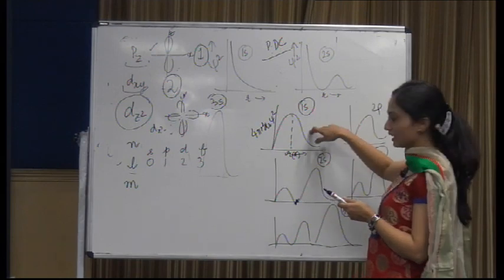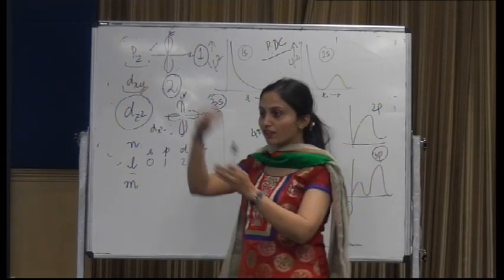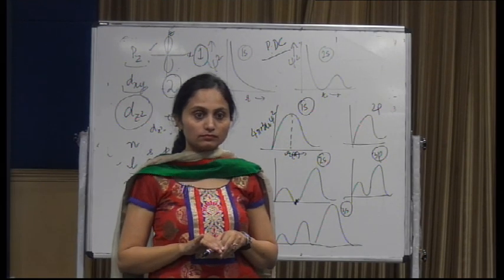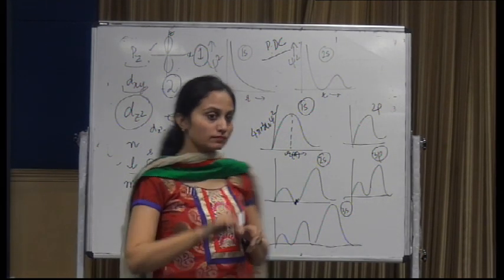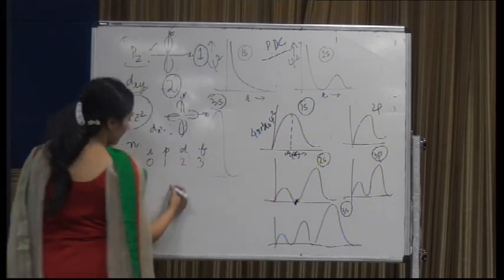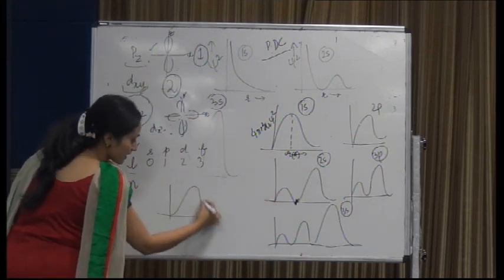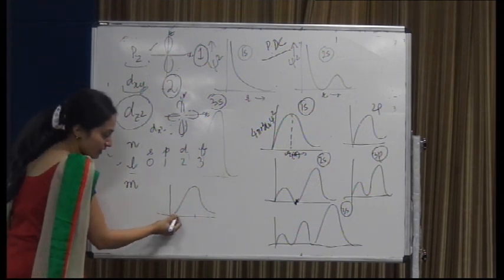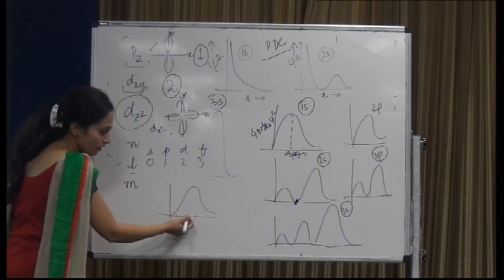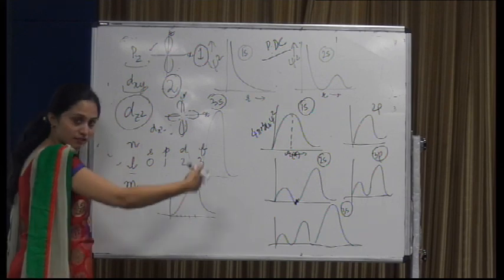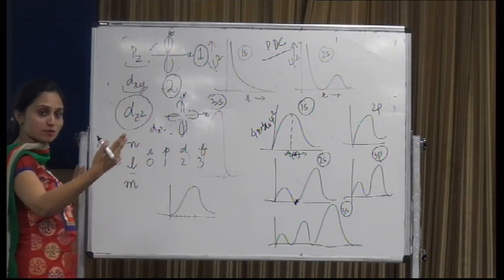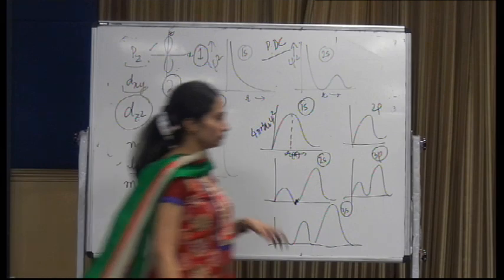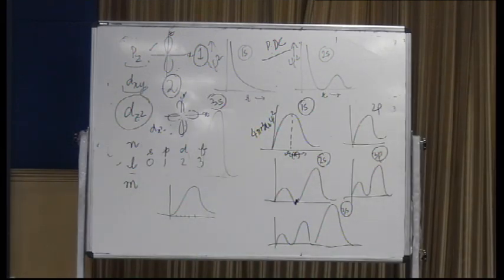So you will have 3D similar to this with different values, but the nature of the graph will be the same. 3D will have a maximum probability and this R will be away from 1s 2s. मान लो 1s का यहाँ था हम, 2s का यहाँ था, ठीक है. उन सबको पार करके it will be just like the Aufbau's principle, right? Clear with that? Okay. Then any other question?